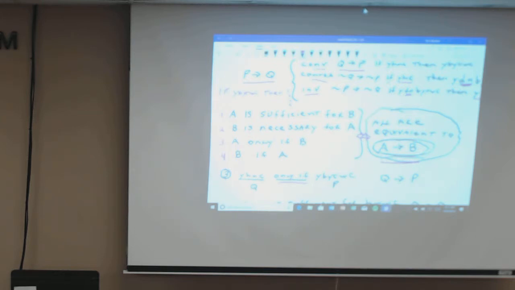And they want you to use P and Q. P is you brush your teeth with Clean, and Q is you have no cavities. It says in problems 3 through 5, let P and Q be defined as in problem 2.